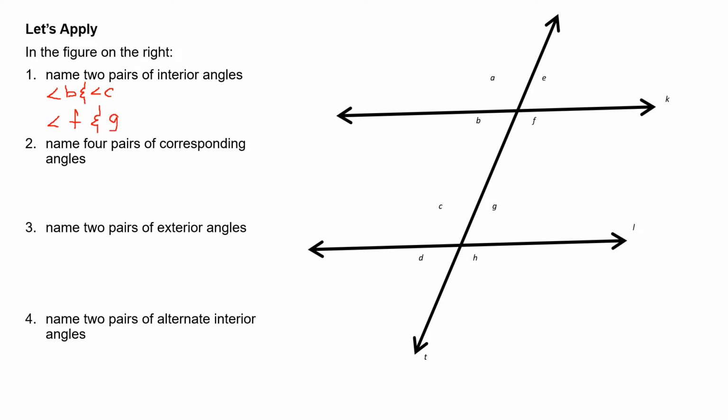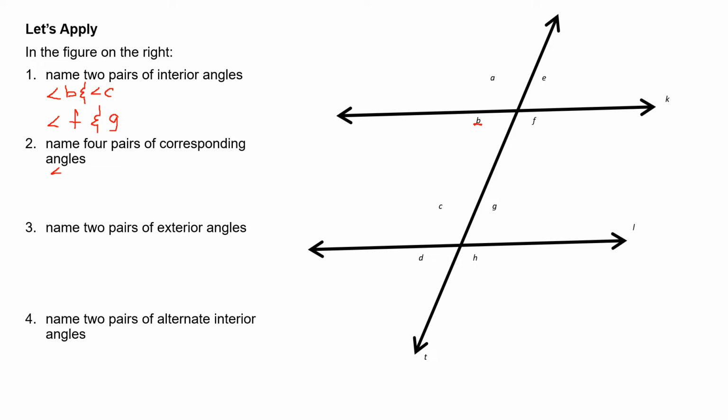Next, number 2. Name 4 pairs of corresponding angles. So we're going to name 4 corresponding angles. Don't forget that corresponding angles have one interior angle and the other in the exterior, and they are located on the same side of a transversal line. So our first example is angle A, which is the exterior angle, and there should be a gap.